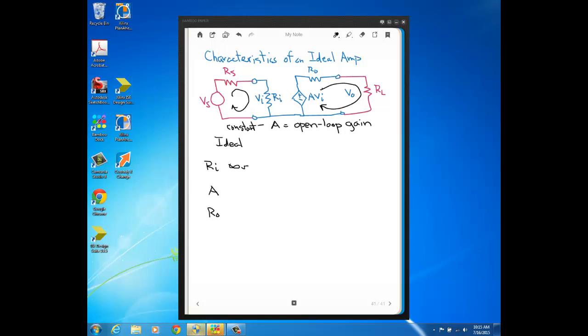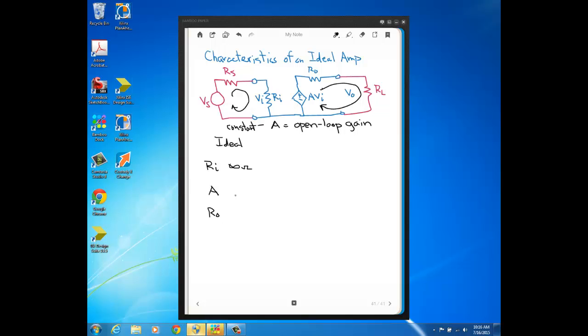So you see, that's one of our ideal values, is that we want this input resistance to be an open, to be infinite ohms. Because if this Ri is infinite ohms, no current would pass through RS, there would be 0 volts dropped across RS, and the entire source voltage would be across this resistor and equal to VI. And VI could never be more than VS. That's the most it could ever be.